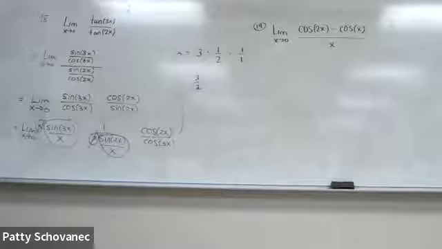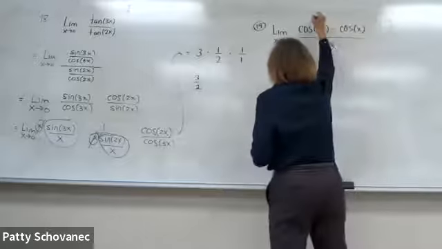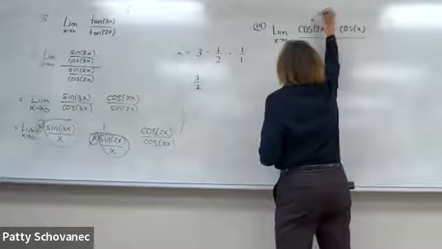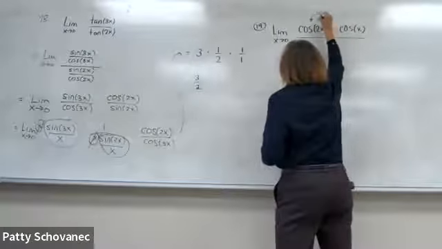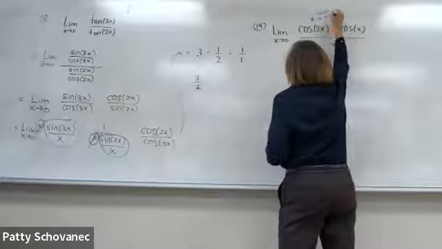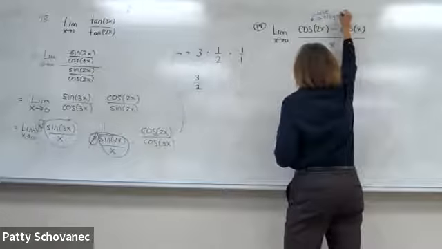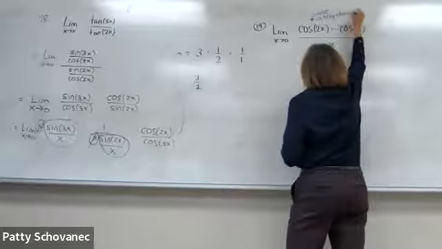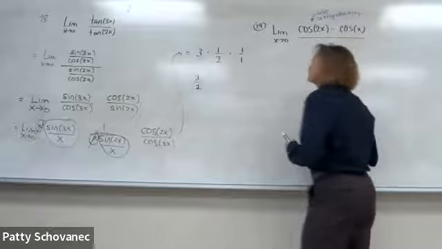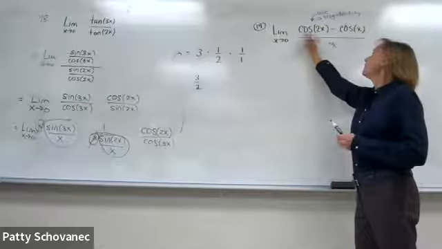I do. We need to find a trig identity that writes the cosine of 2x in terms of the cosine of 1x. Got one anywhere?